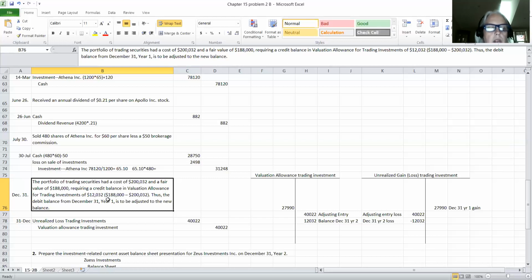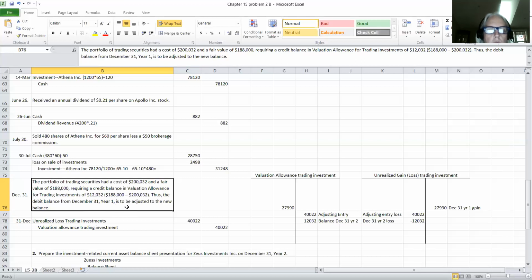So this is really saying that there's an overall loss in this year at December 31st. Thus, the debit balance from the December 31st year one has to be adjusted to the new balance. That's very important information there.